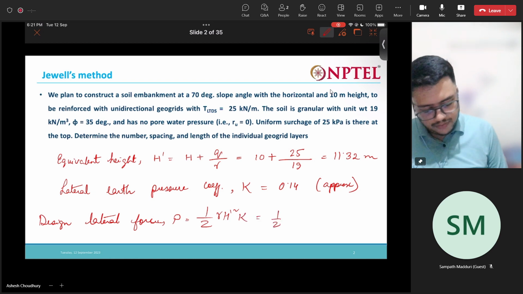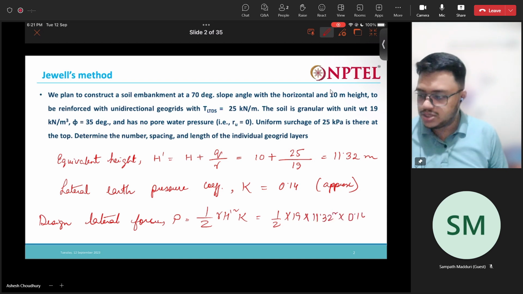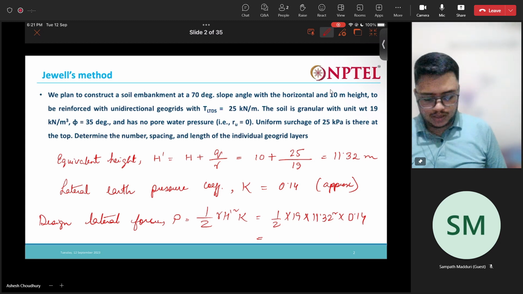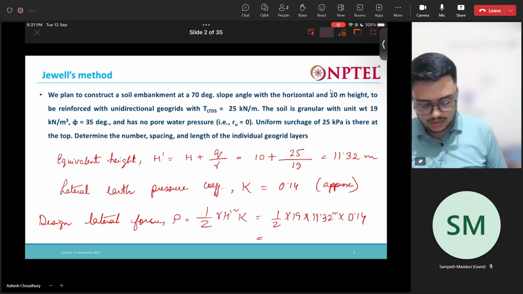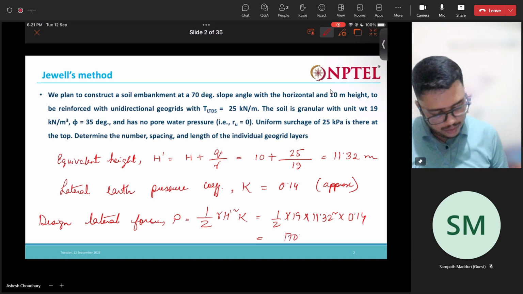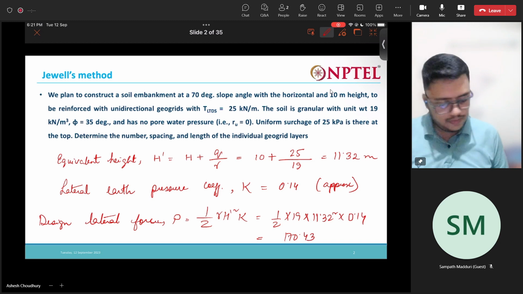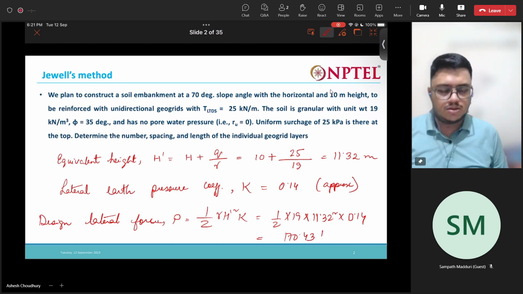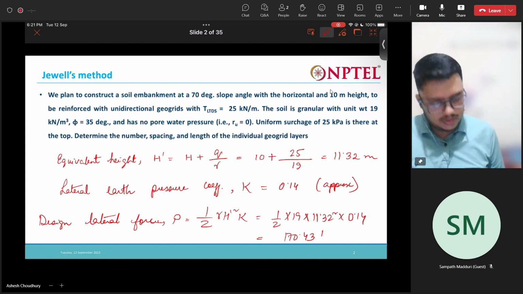So half into 19 into 11.32 square into 0.14. So it will be 170.43 kilonewton per meter.